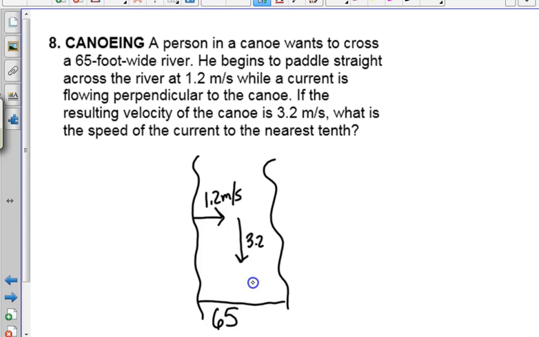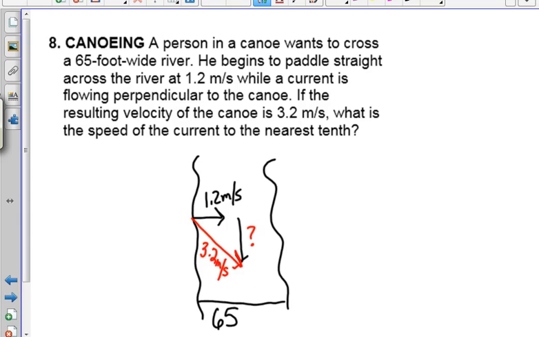Oh! Read the question carefully. We don't know this. We know the resulting speed of the canoe is 3.2 meters per second. Aha, no wonder it's confusing. It's really not hard. Do we need to know that it's 65 feet wide?